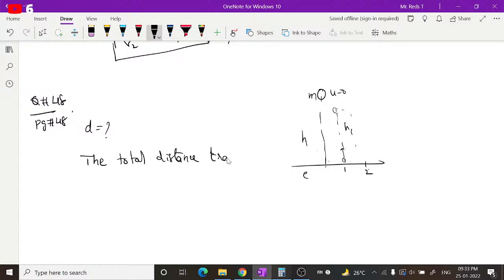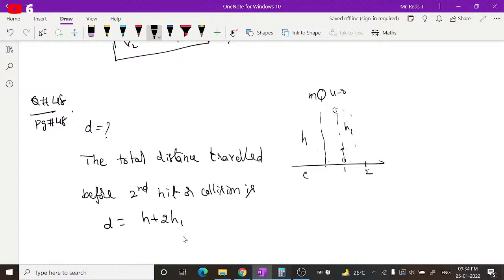The total distance traveled before the second collision, or second hit, is d equal to: before the first hit h, then before the second hit h1 plus h1, that is 2h1. So d is h plus 2h1.